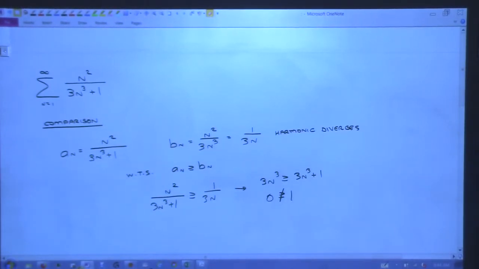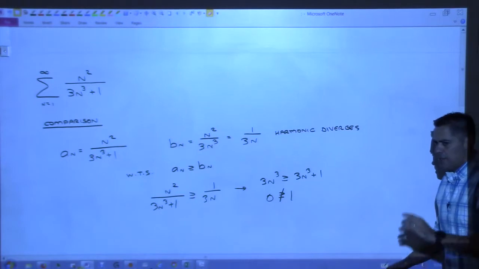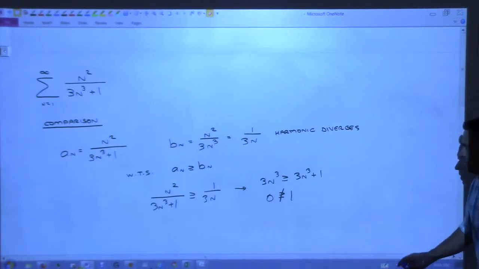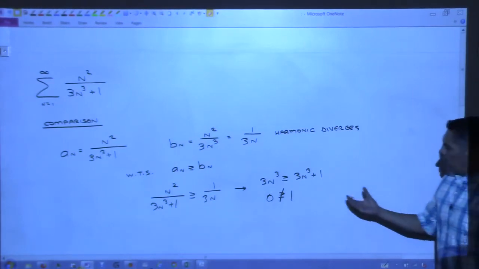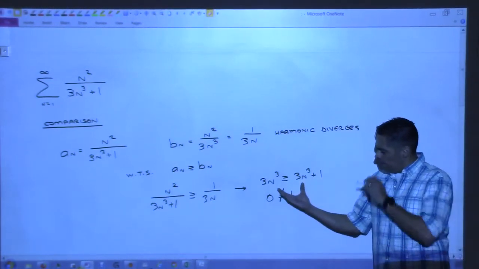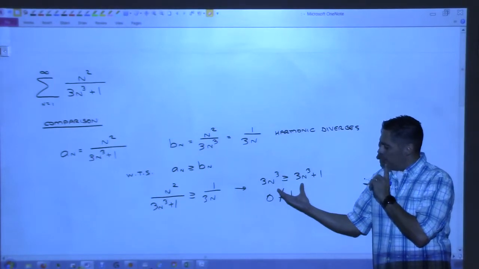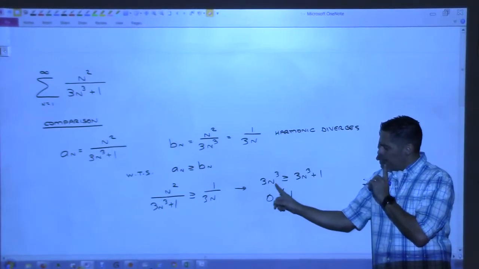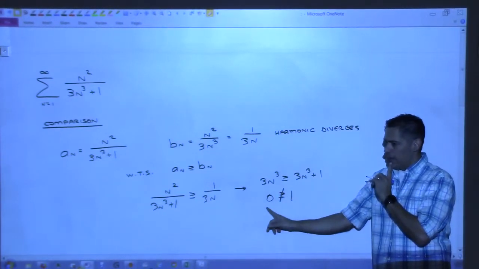I have a question here. I want you to look at this. Now pay attention closely to this, all right? Because this is not natural, what I'm about to do, until I do it, and then you'll see. Right here with this inequality, the reason I had a problem was because when I subtracted 3n cubed on both sides, I got 0 over here, right?